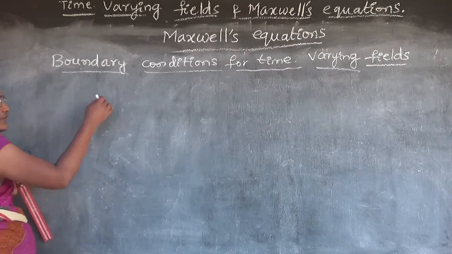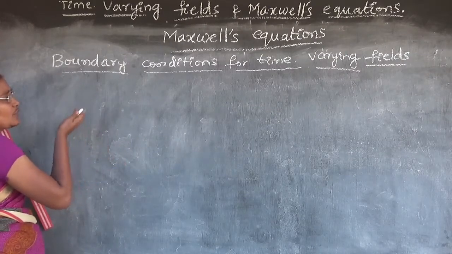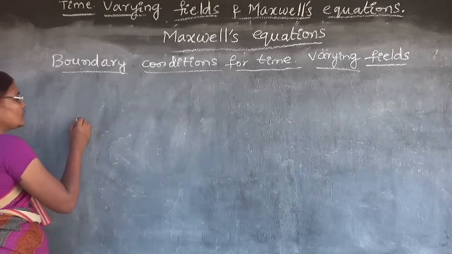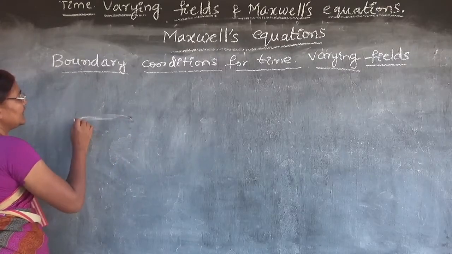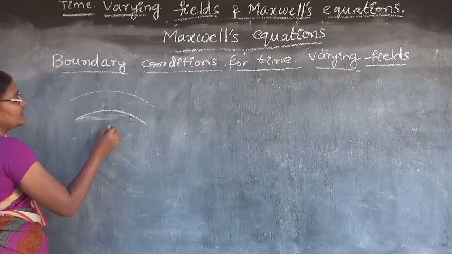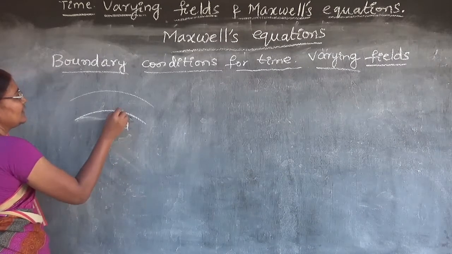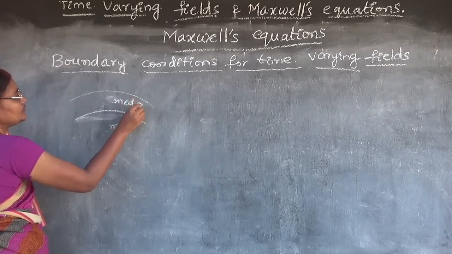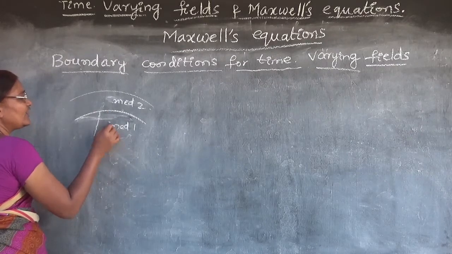Suppose a wave is traveling and some energy is transferred. It has to cross many media. Suppose there is one medium, and afterwards another medium comes. If this is medium 1 and this is medium 2, the wave has to travel from medium 1 to medium 2.